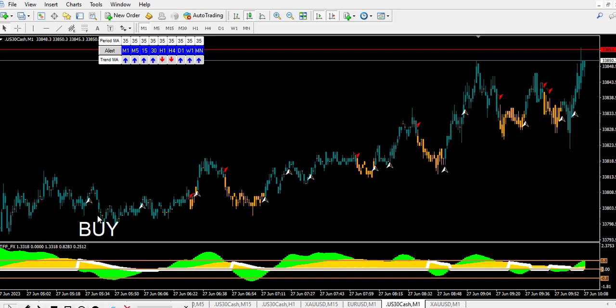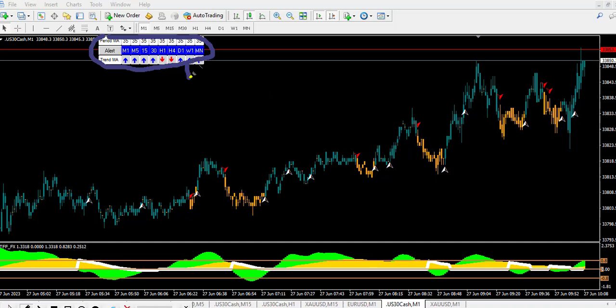The first thing you look out for is this particular indicator here that shows us the period of MA and what the candle is doing on different time frames, from monthly to 1 minute.